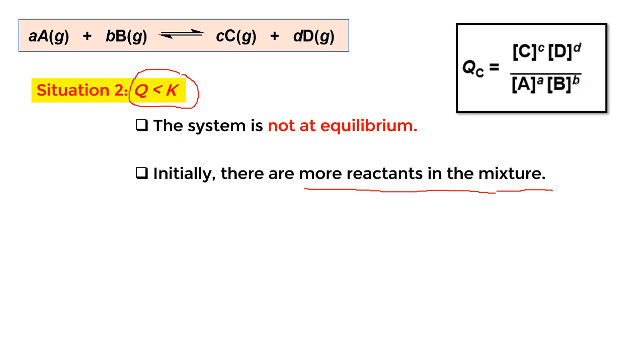Reactant yang bawah kan? The concentration of reactants is too high. Dan pada ketika ini, kita tahu di bahagian atas ini adalah produk. So, the concentration of products at this condition is too low.